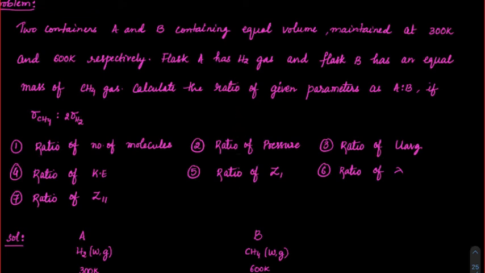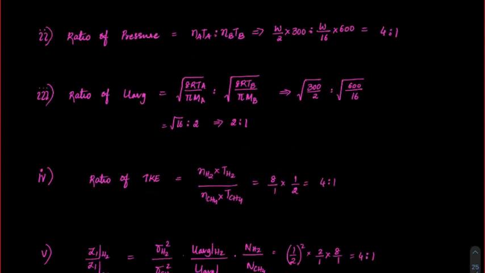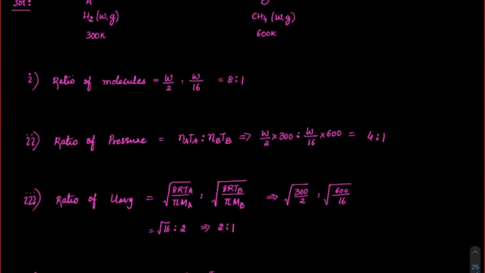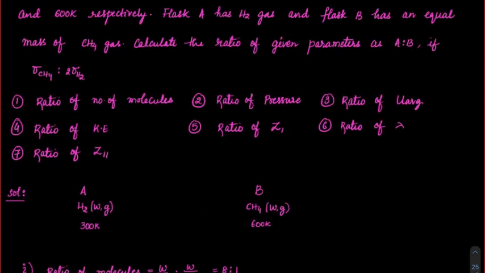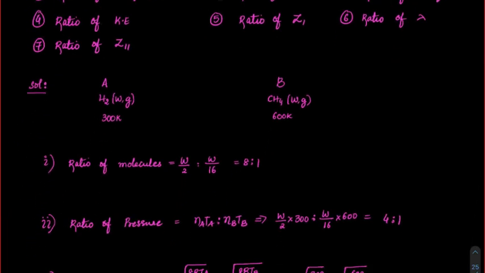So we need to first calculate the ratio of number of moles, pressure, U average, kinetic energy, collision number, mean free path, and collision frequency. These are all the terms which you have to calculate. I have done the calculation in bits and pieces, so I will show you one by one, which will make it easier for you.